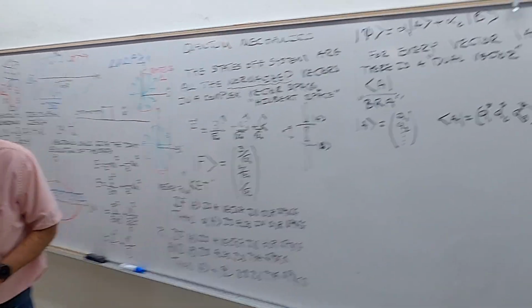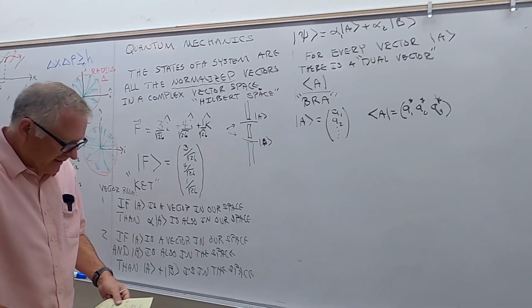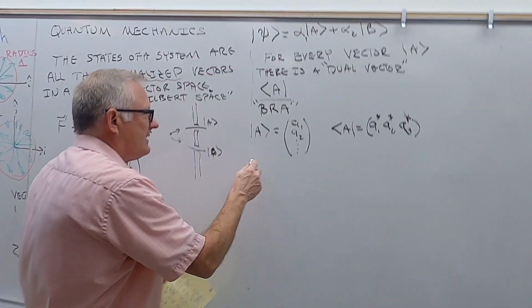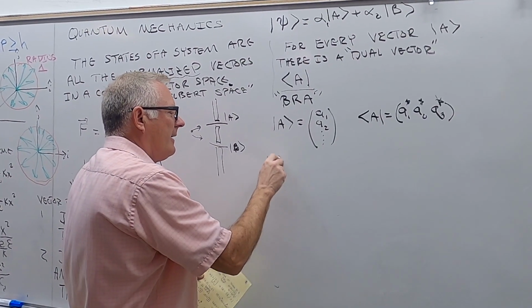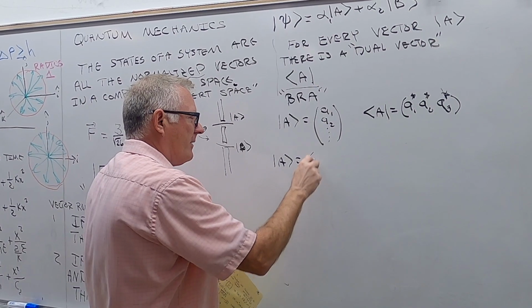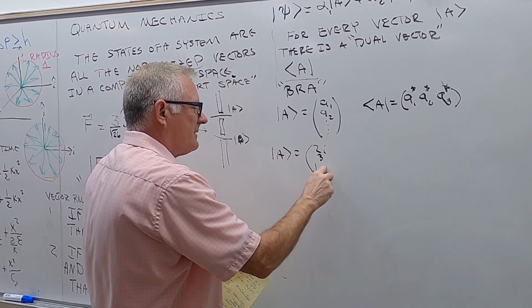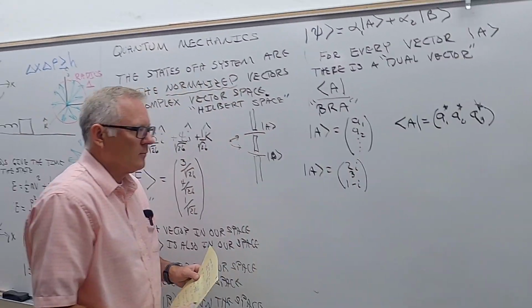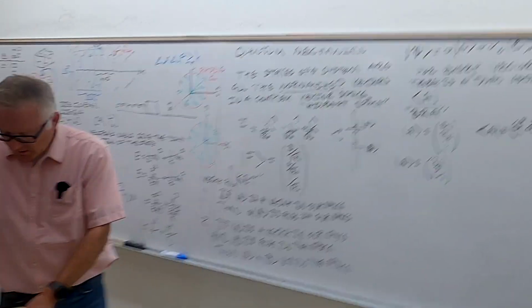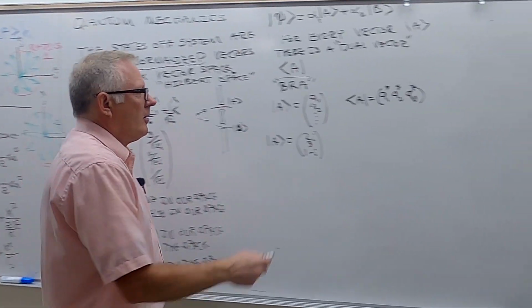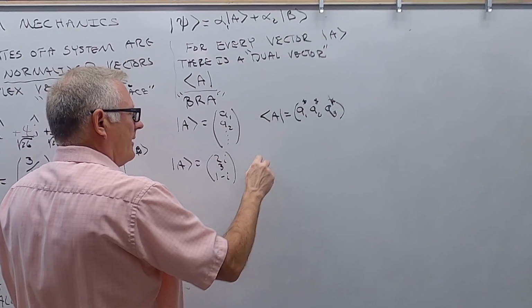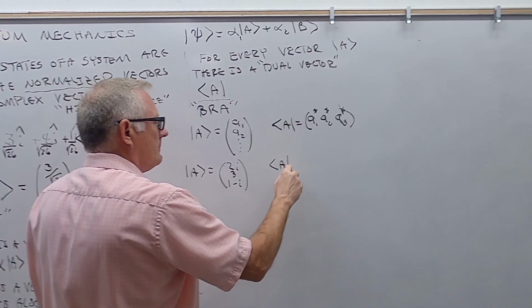Okay. So let me just give you an example right here. Let's just let A equal 2i, 3, 1 minus i. Then what would this A be?